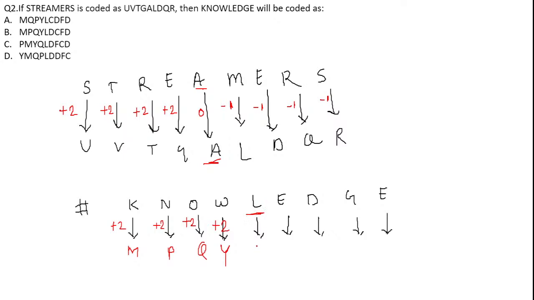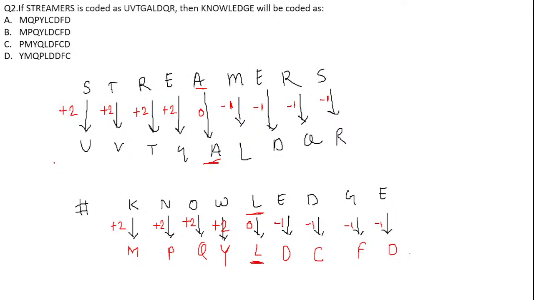For L, it will be 0, so L will come as it is. For E, in the above example we can see E is coded as D. For D, it comes to C. Then for G, it is F. And for E again, it comes D. So in this way KNOWLEDGE is coded.